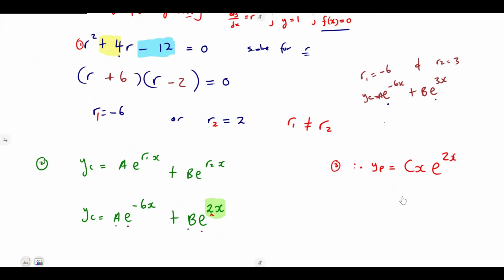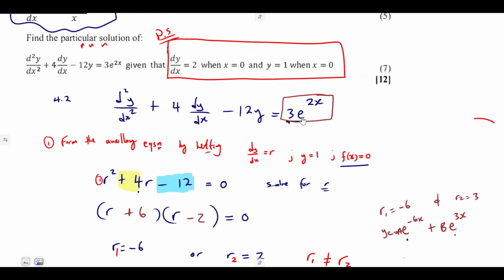So with our particular integral now, the difference is, remember, it was taken from f of x. So what we are going to do is to find the value of c from there. Remember, they say they want the particular solution. We must find all these constants from the particular integral as it was taken from our f of x.